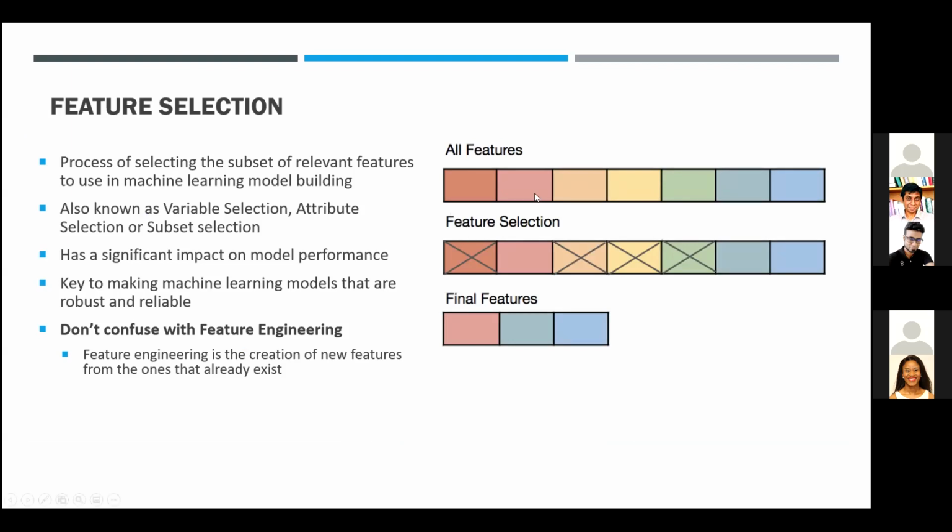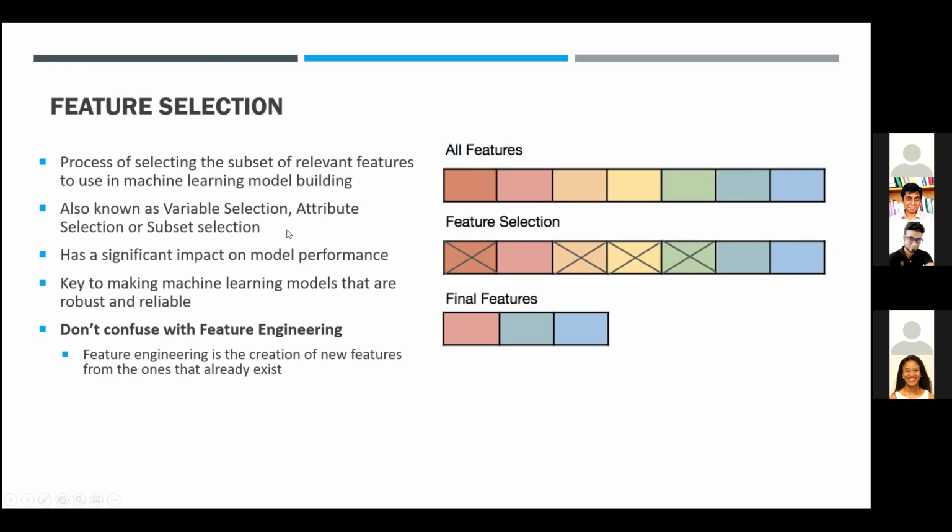If you look at this diagram, you have all your features that you're using to model a Y value. You can look at these as X values, and you want to select the best set of X variables that will be best representative of your Y variable.